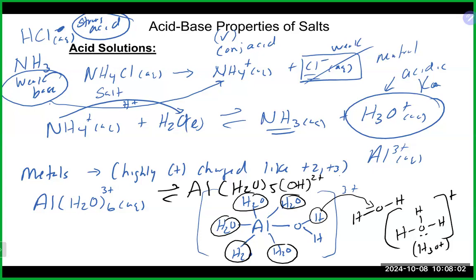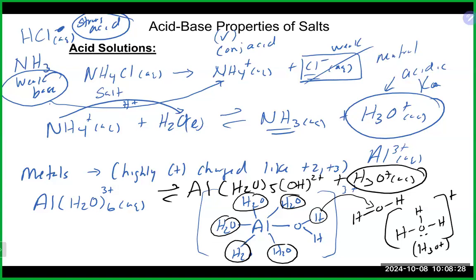But in terms of the salts, we are going to produce H3O plus, which once again will be an acidic salt. So small metals that have big positive charges, +2s, +3s, a lot of transition metals, have the ability to do that. They will produce H3O plus in this type of reaction.